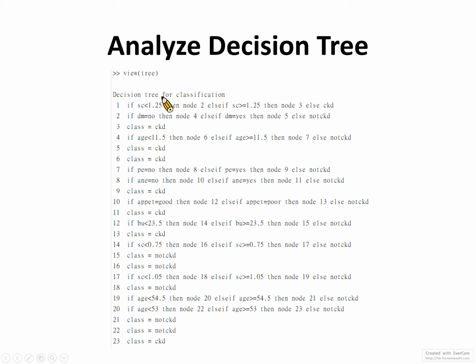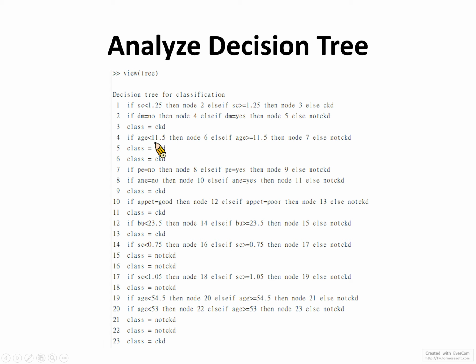But in the case of normal serum creatinine, we will further determine several conditions, so there are lots of decision nodes here. The second node here is diabetes. If there's diabetes, then it's CKD. If not, it's not. So you can read this text report to understand the logic behind the decision tree.